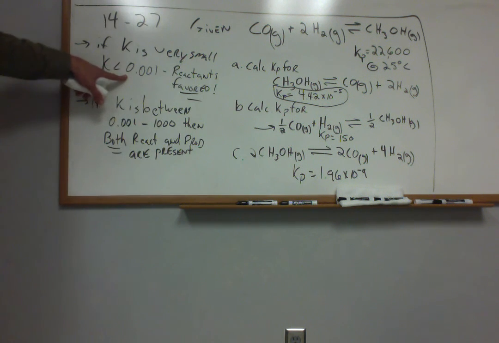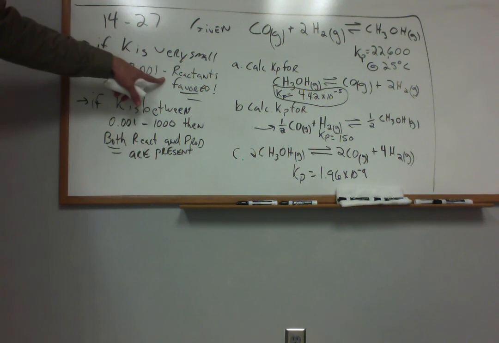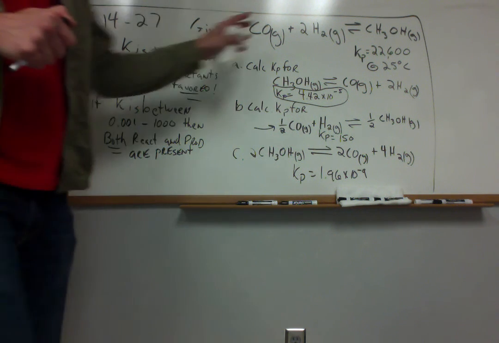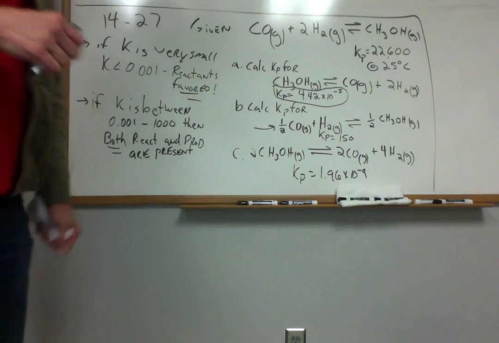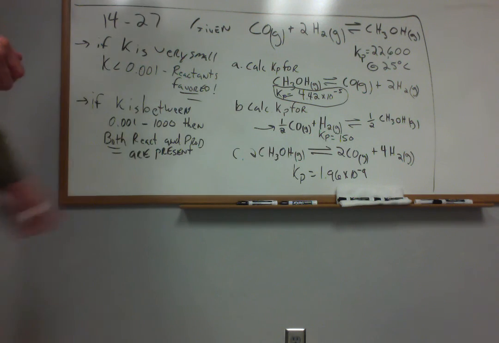If K is a tiny, tiny number, say less than 0.001, that means that the reactants are favored, that we mostly have reactants at equilibrium, and the reaction does not proceed very far to the right. We have mostly reactants, and K is very, very small, okay?